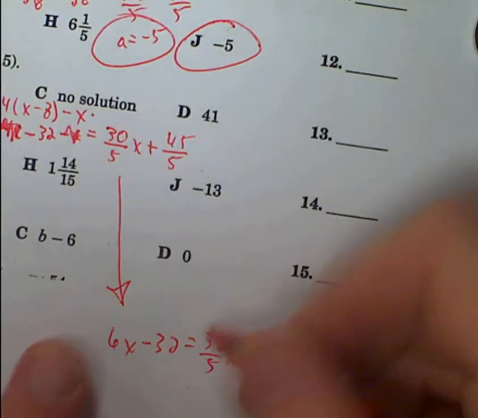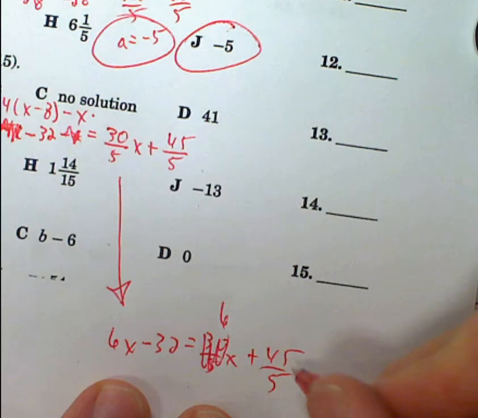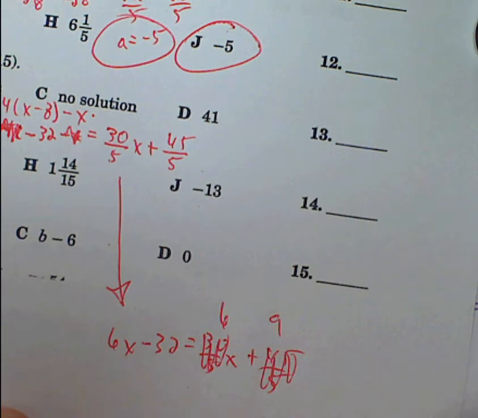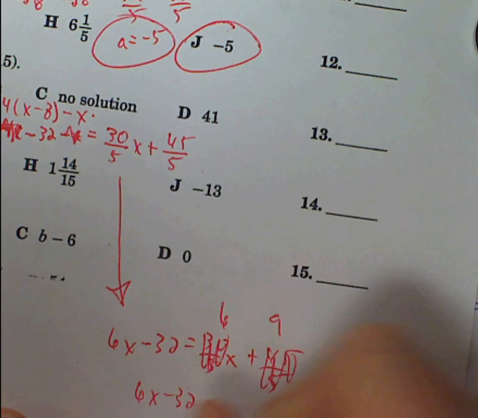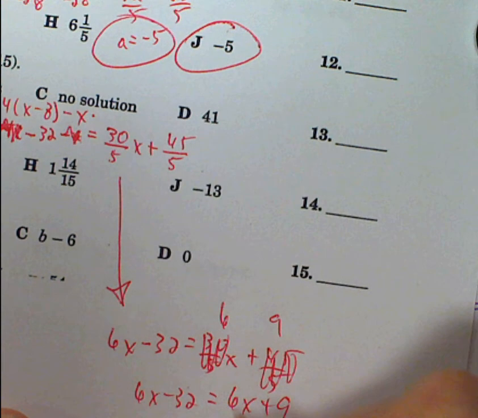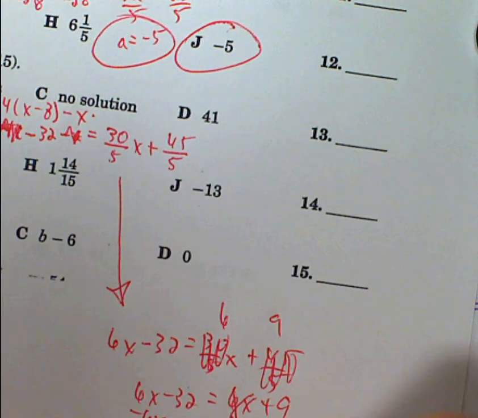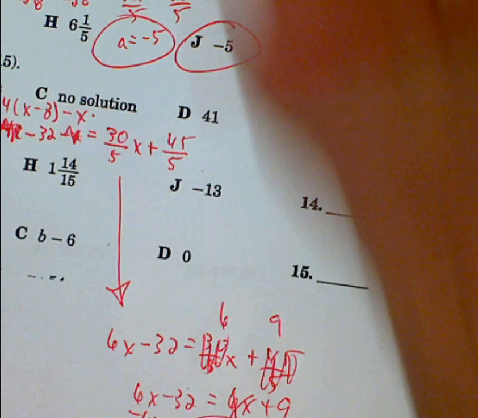Instead of multiplying by denominators, which I could, I know 30 over 5 is 6 and 45 over 5 is 9. So then I have 6x minus 32 equals 6x plus 9. So I can subtract 6x. I get -32 equals 9, which is no solution.